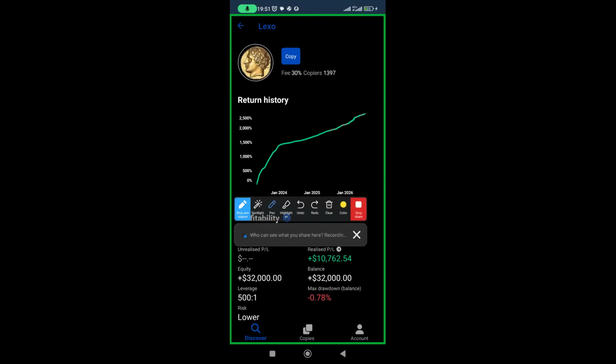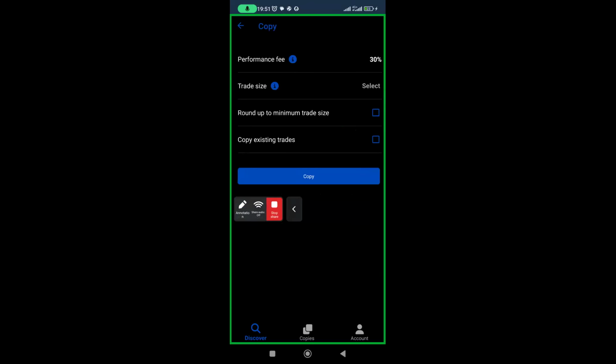Once you click on copy, after you must have linked your MT5 or MT4 to this copy trading app, it will take you down to this next page. Very important: if I were you, I'd be taking screenshots of this so that you have an idea of what to expect when you're doing your copy trading as well.